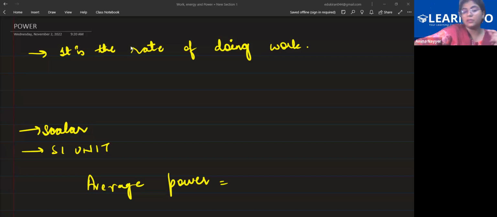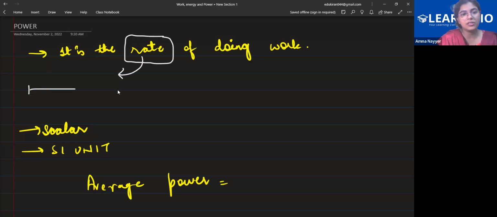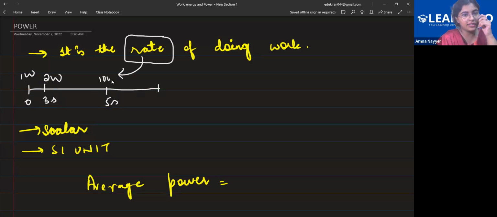Whenever the term rate comes, I've told you several times that this term rate means something which is changing with respect to time. At 0, you have 1 watt. At 3 seconds, you have 2 watt. Let's say at 5 seconds, you have 10 watt. These are the rate of doing work. And that is exactly known as power.